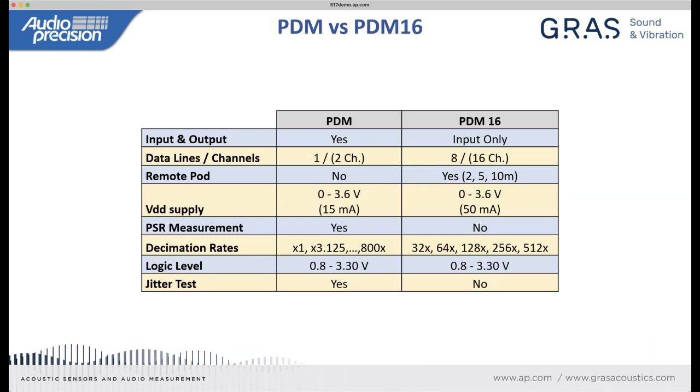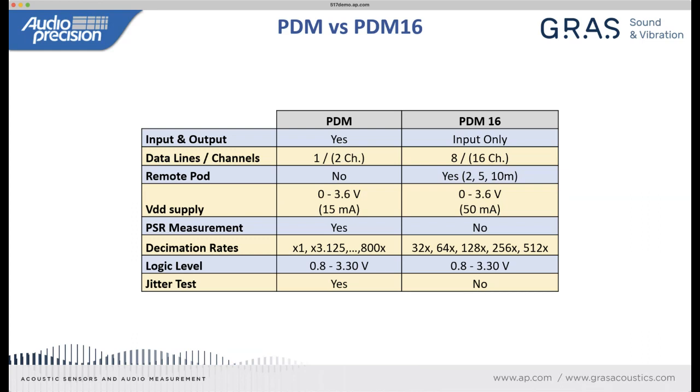So apart from the 16 input channels, the other noteworthy thing is that the PDM16 module uses a scheme that allows for a very long cable between the front panel of the analyzer and the location where you're actually measuring a microphone.